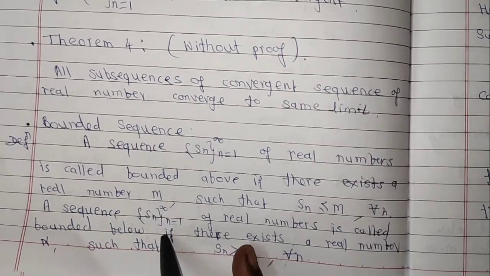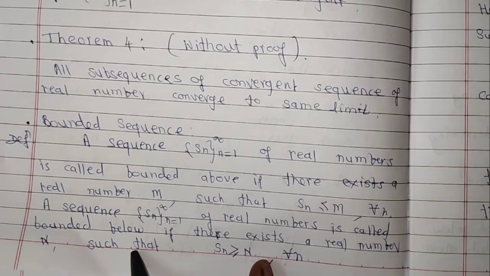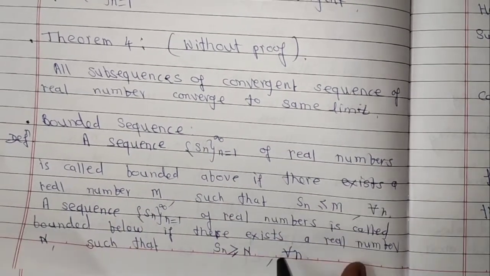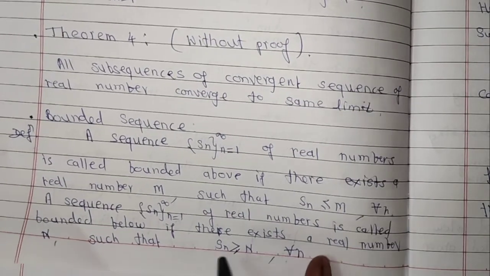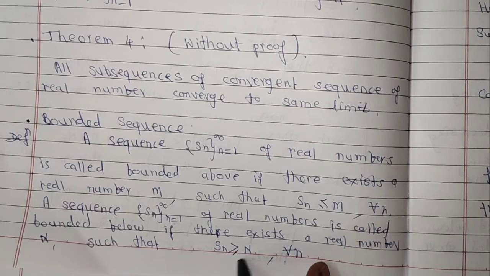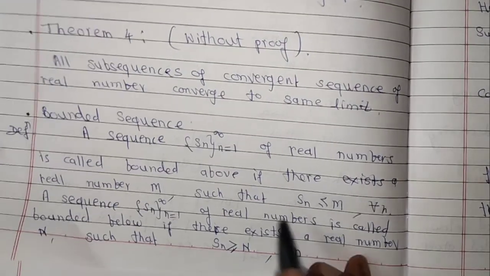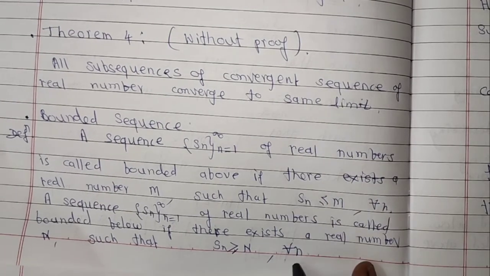A sequence Sn, n going from 1 to infinity, of real numbers is called bounded below if there exists a real number n such that Sn is greater than or equal to n for all n. That means a bounded below sequence means Sn is greater than or equal to n for all n.